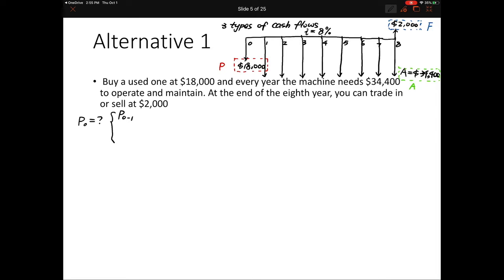So you can write P01. It means the present value from the first type of cash flow, part 1.